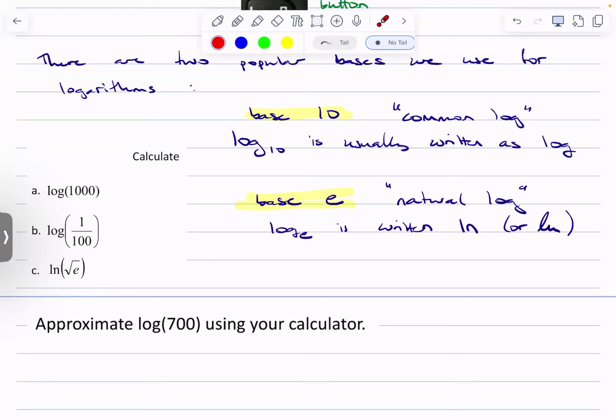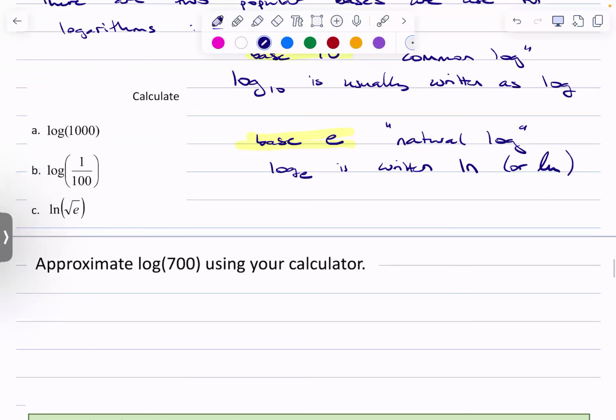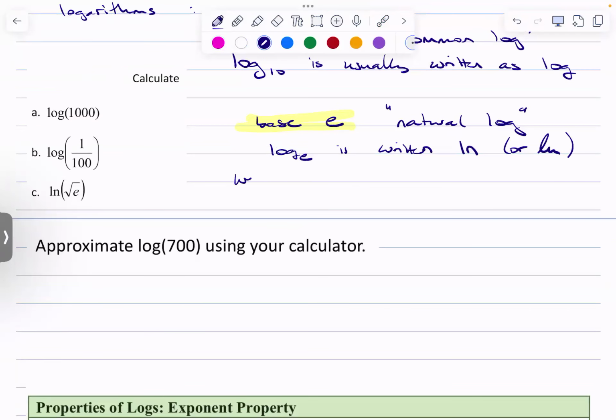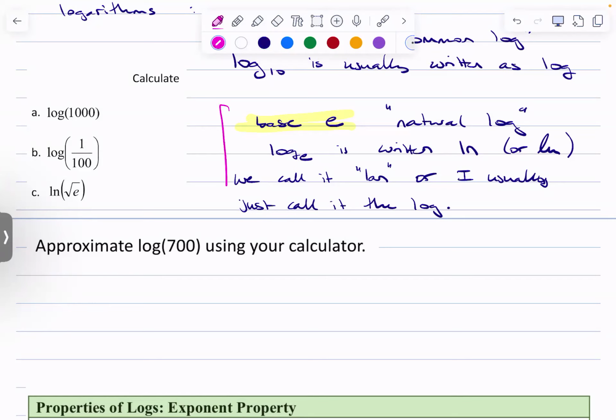But I understand that can be confusing, because there's only one log for me, and that's the log base e. We call it ln, or I usually just call it the log, because it's my default base for logs.